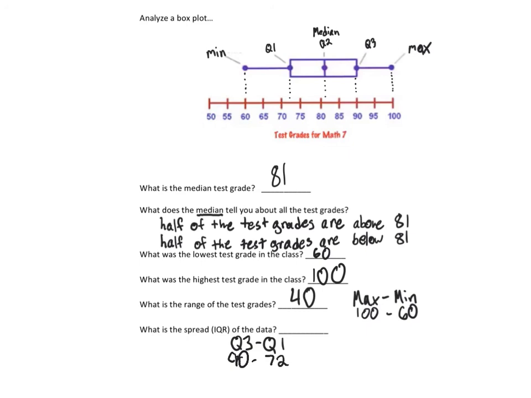It's always easier to do subtraction up and down, so I'm going to write it over here to the side. That would be 18. So the IQR is 18. Again, there is a difference. That IQR is just talking about the box. The range of the entire test is the max to the min. So please make sure you know what the question is asking for.